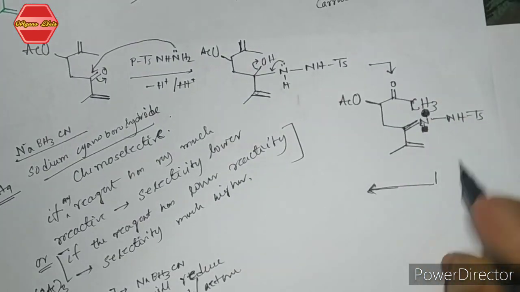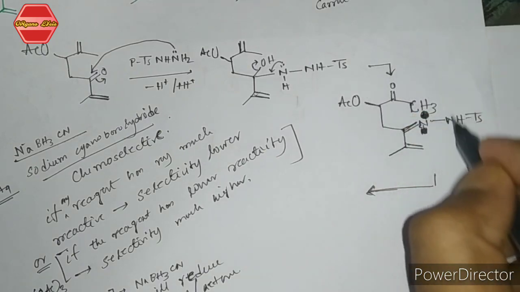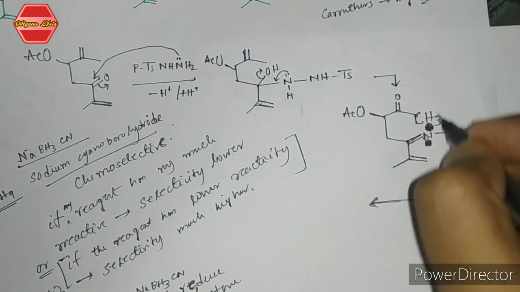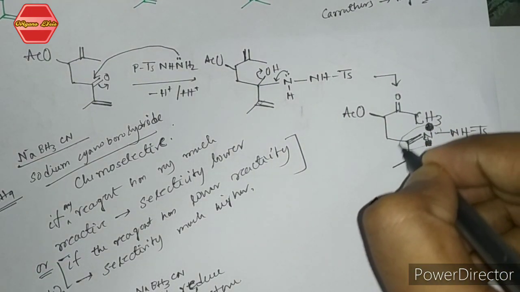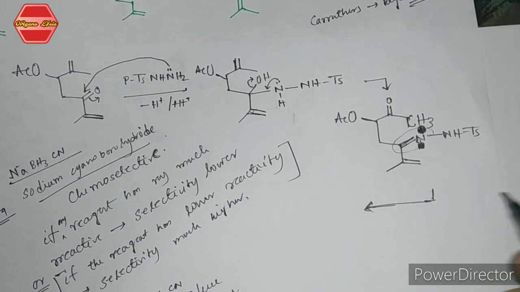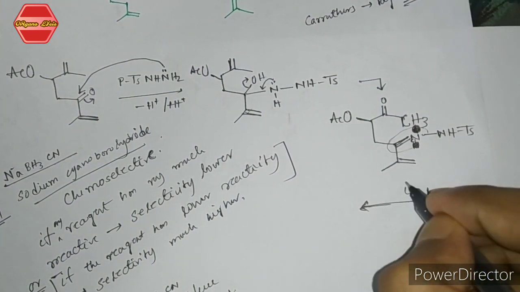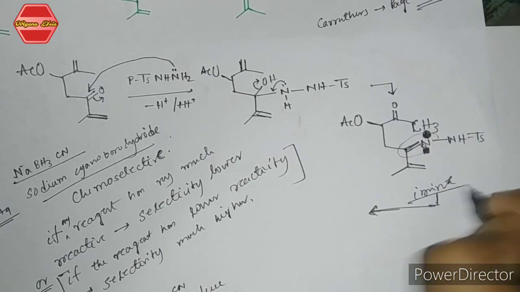Now in this substrate, after the reaction with tosyl hydrazine, you get this type of compound. This type of bond is called an imine bond.